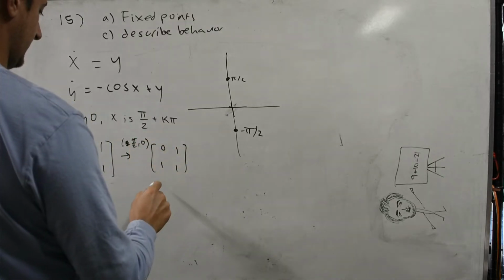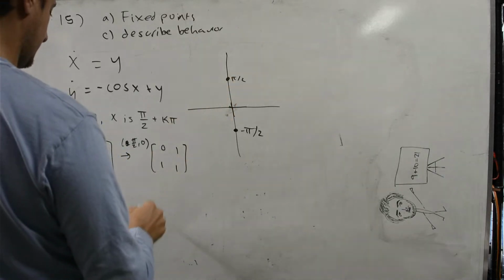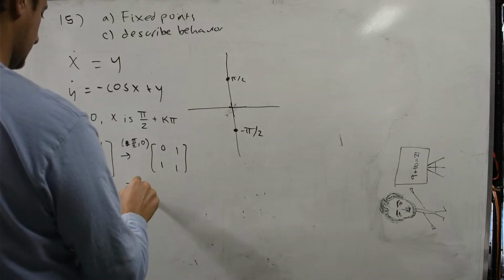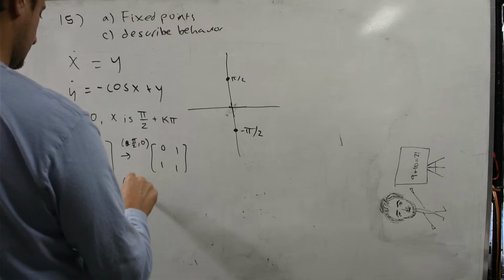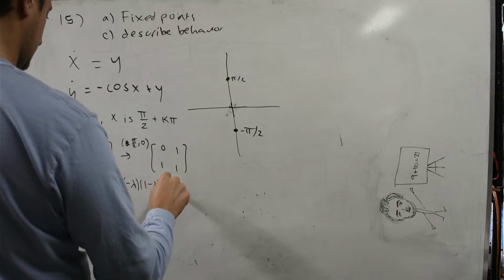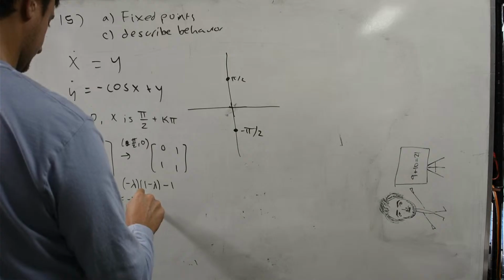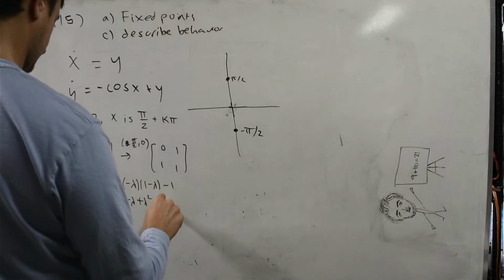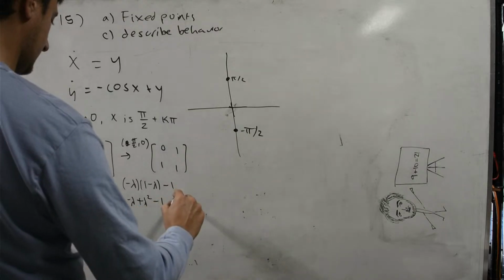So then the stability at this point is going to be minus 1 minus 1. Isn't it the same? So wait, what are the solutions to this?